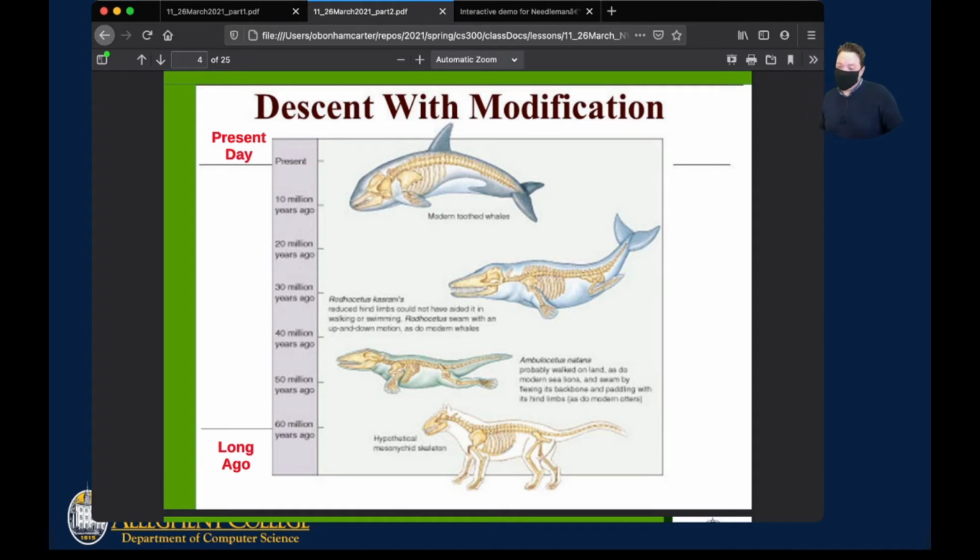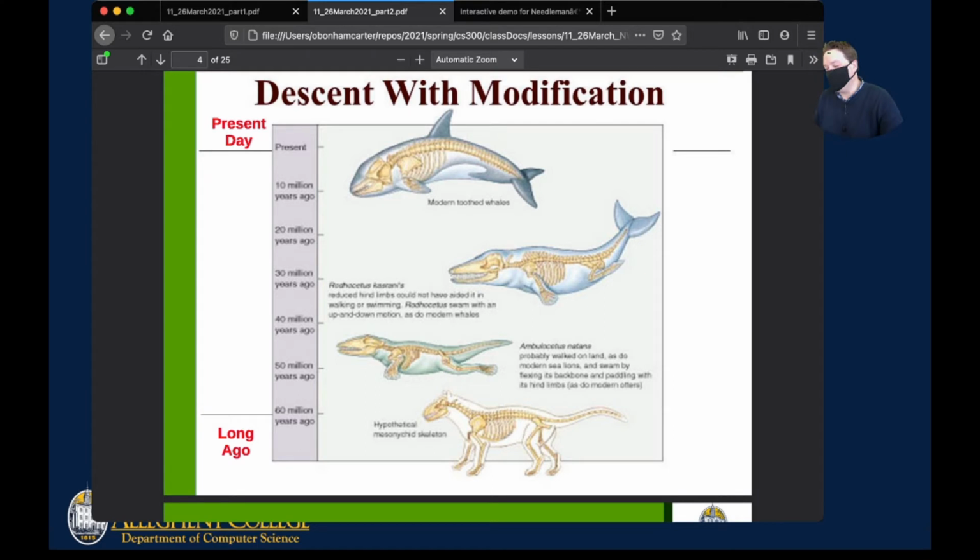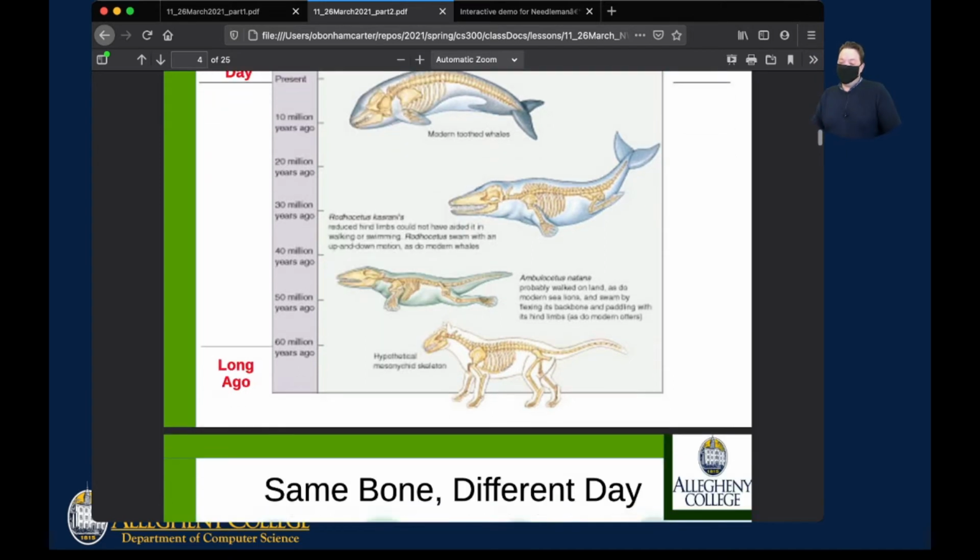Over the course of evolutionary time, this mammal realized that maybe there's more food to be had in the ocean, or maybe better survival. So it began spending more and more of its time in the ocean, and today it's called the whale. It's the modern toothed whale, and it used to live on land.